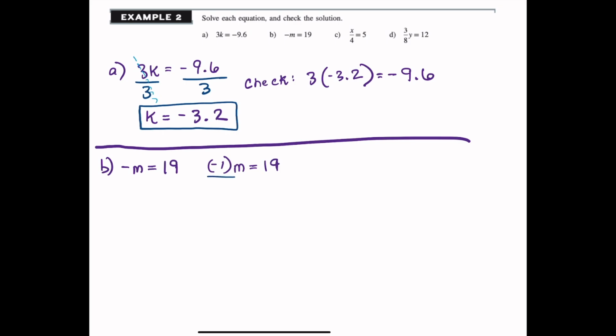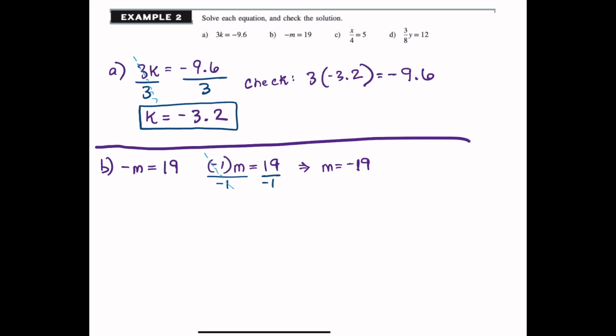So we can divide both sides by negative 1. That will cancel on the left side. And when you divide a number by negative 1, it basically just becomes negative. So we get that m equals negative 19. Basically just moves the negative over to the other side.